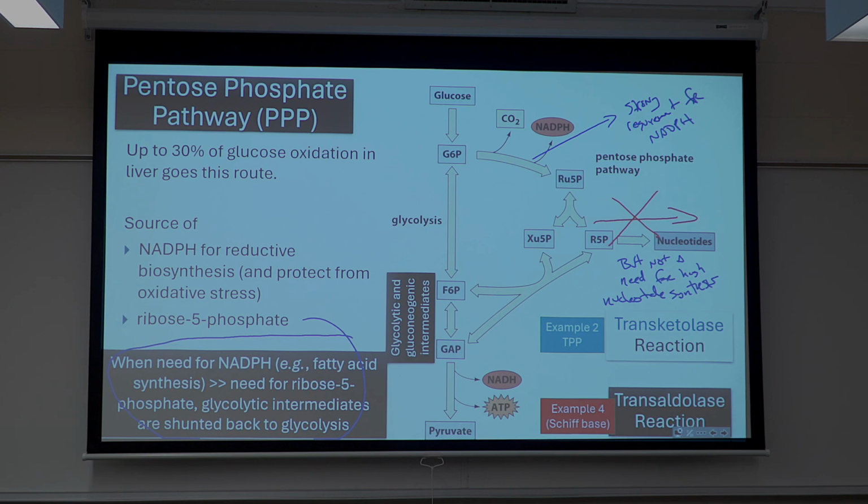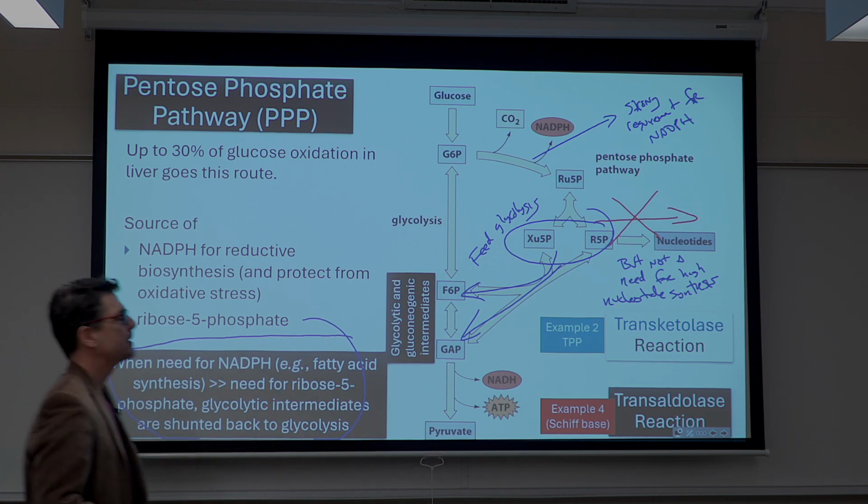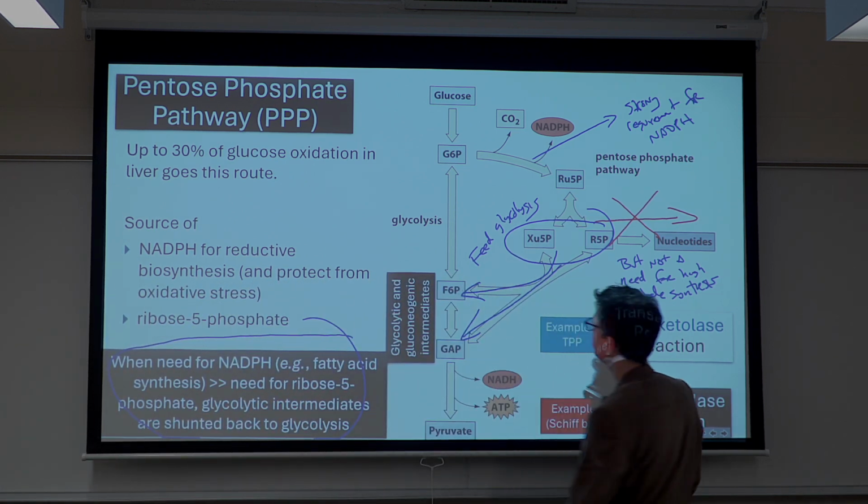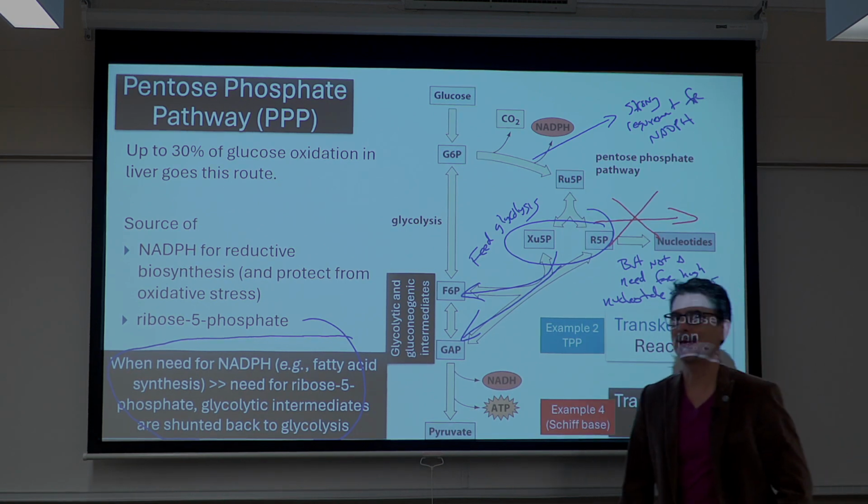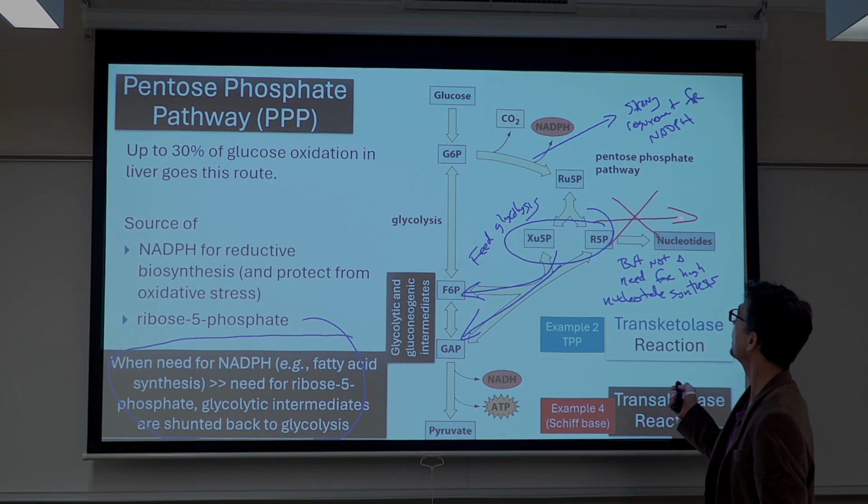So what will happen? These will go back to feed glycolysis. To feed glycolysis. So now we're expanding pentose phosphate pathway, right?